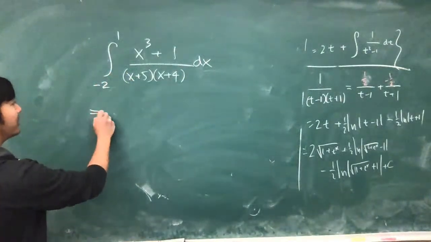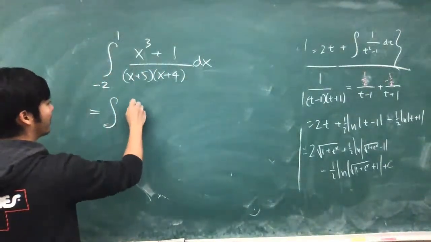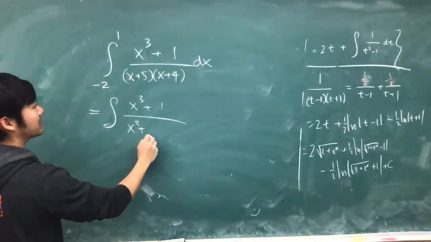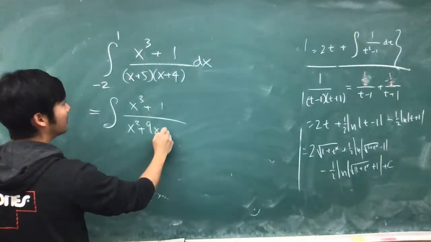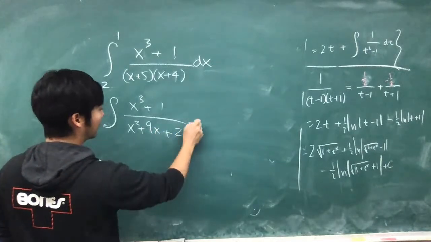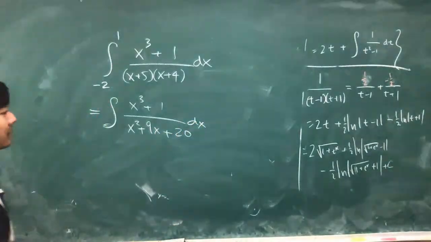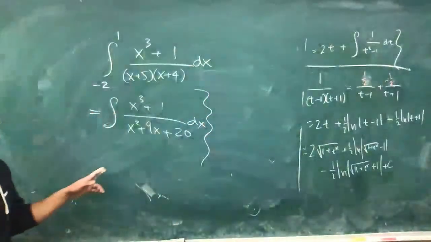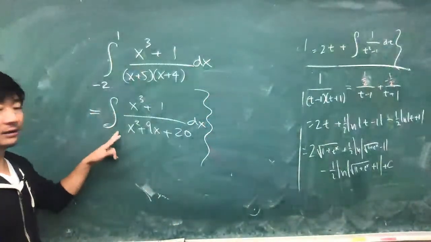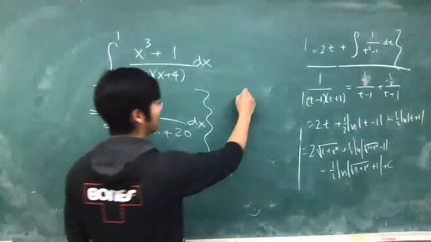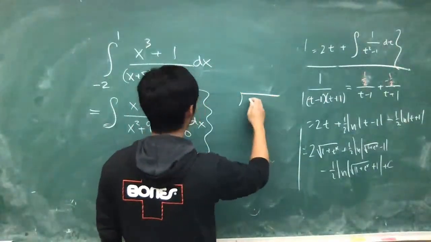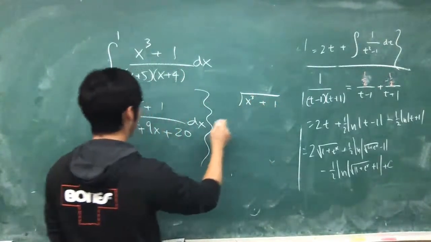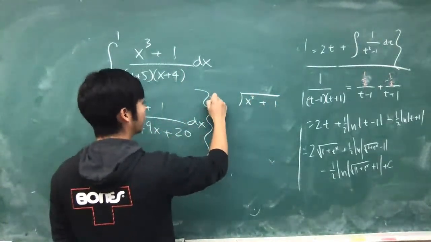So it's probably easiest if we just multiply everything out. This is x squared plus 9x plus 20. So now we do polynomial long division, because the power is higher in the numerator. So put what you're dividing inside and what you're dividing by outside.